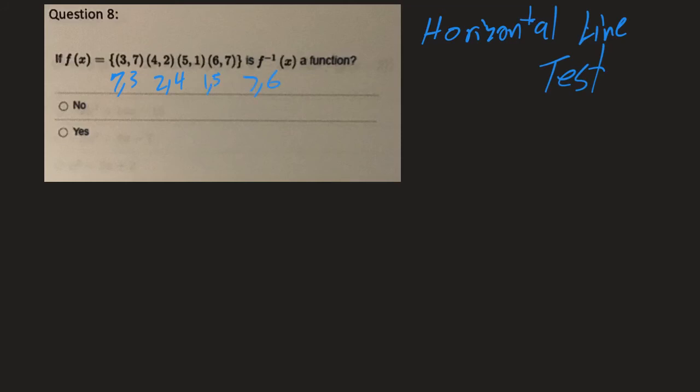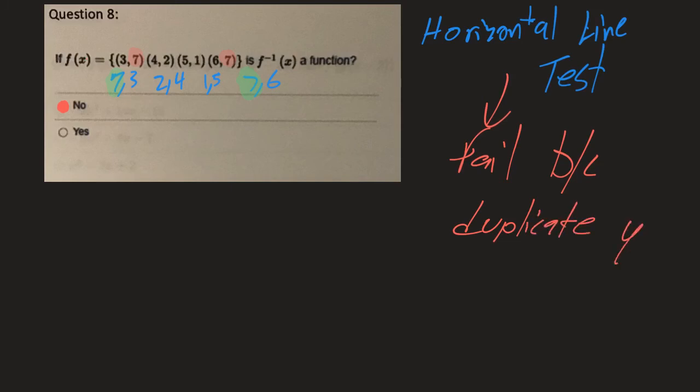And we immediately see this repeated y value becomes a repeated x value. And that's kind of bad news for us. So I'm going to say this is not going to have an inverse that's a function. It would fail because it's got duplicate y's.